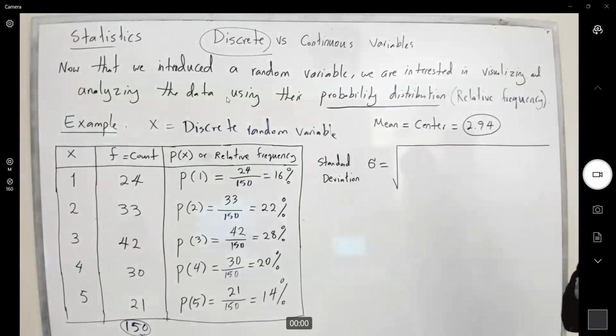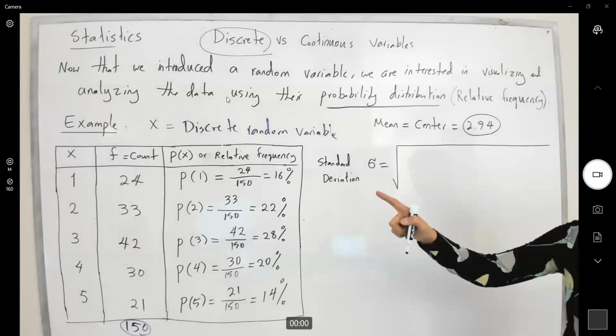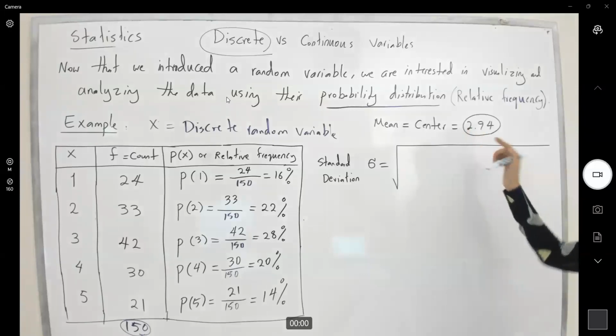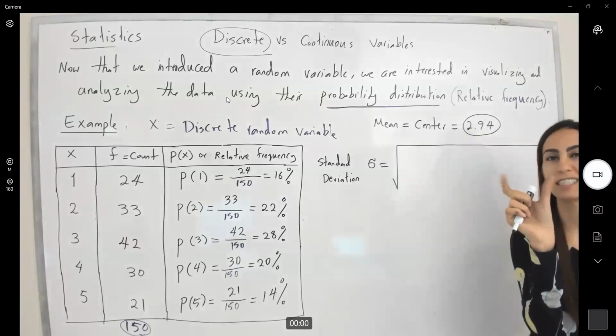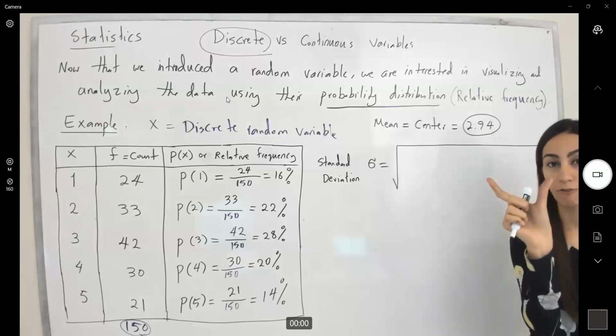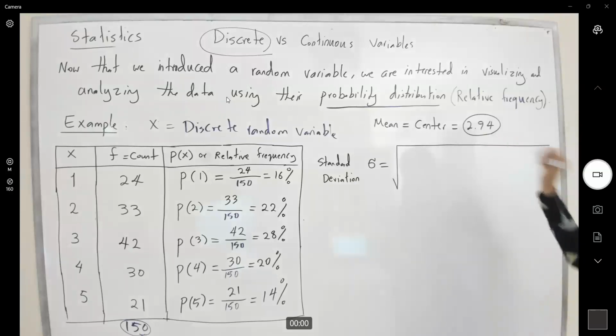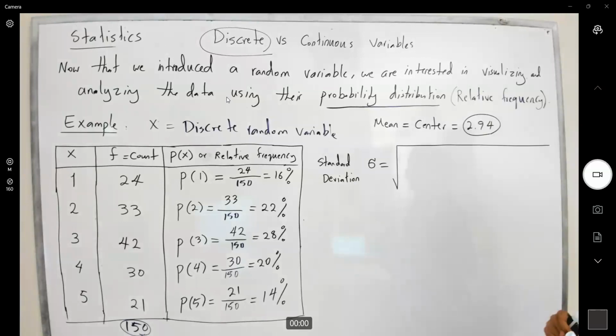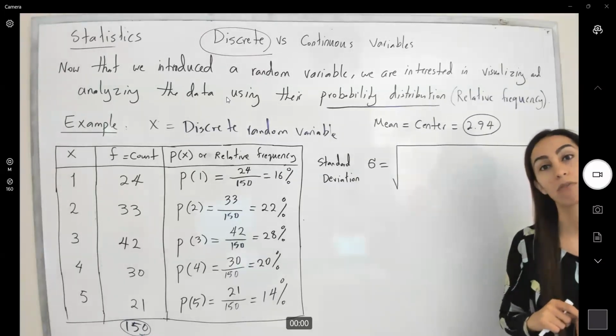Okay, what are you going to do? Take each x, use your mean to find the deviation of each x from the mean. Then square that and multiply by p of x.